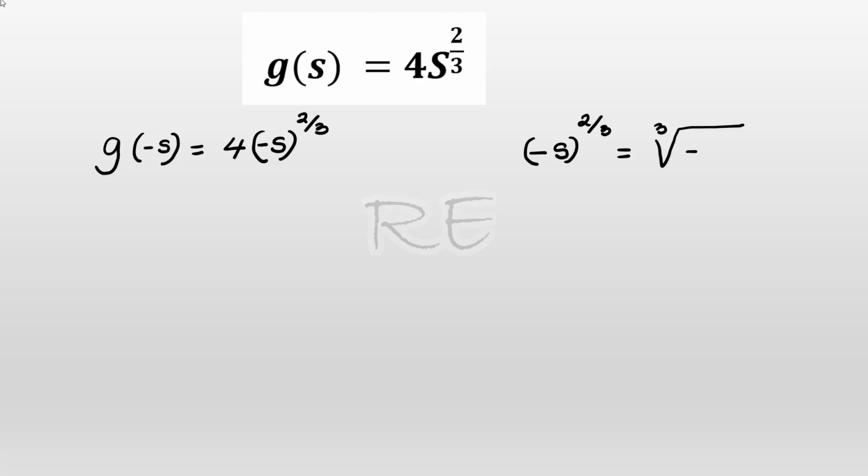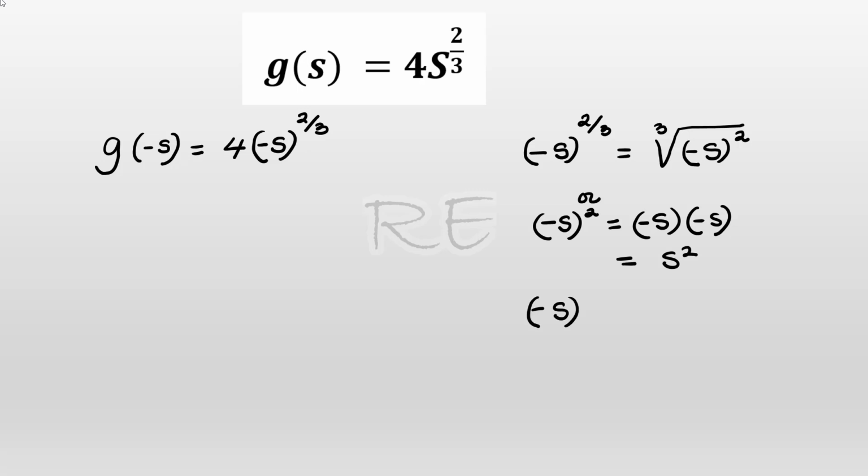So it's going to be the cube root of (-s)^2, or (-s) squared is equal to -s times -s, which is equal to s squared.